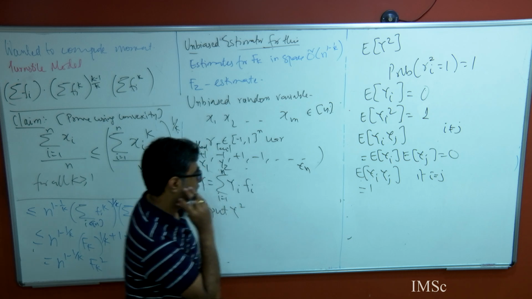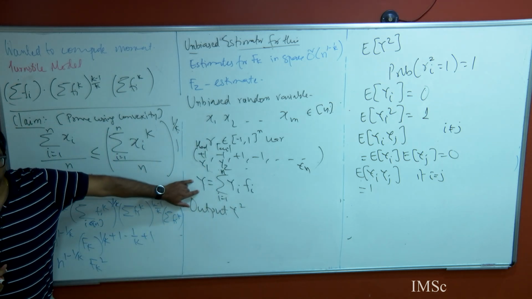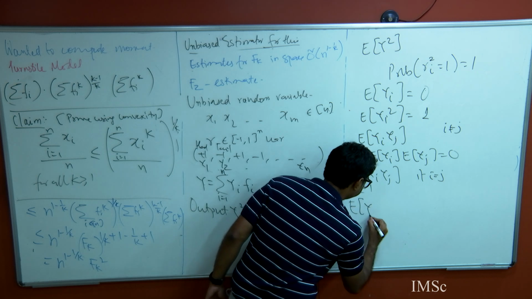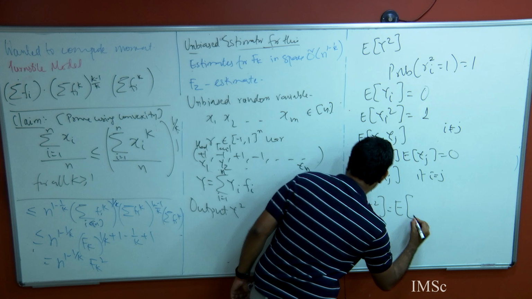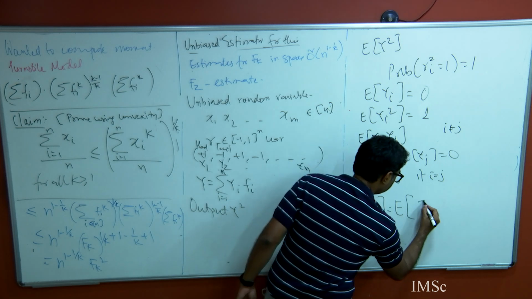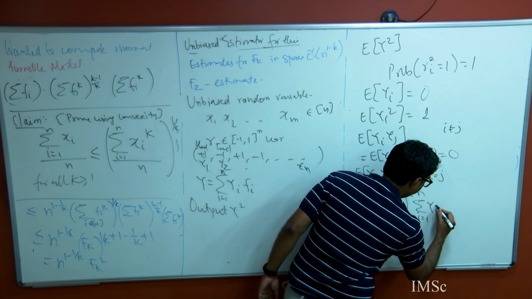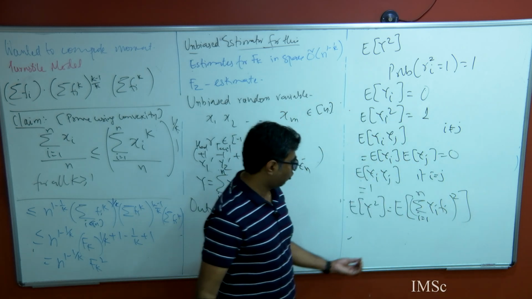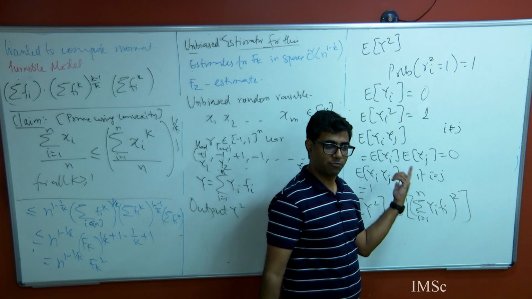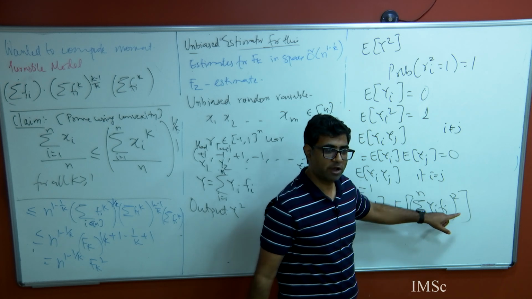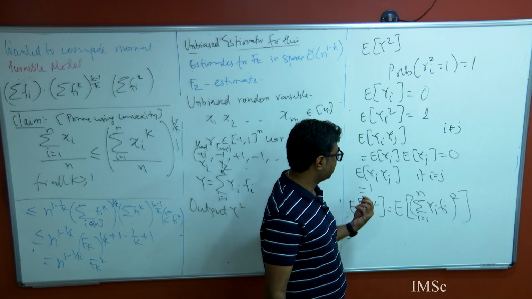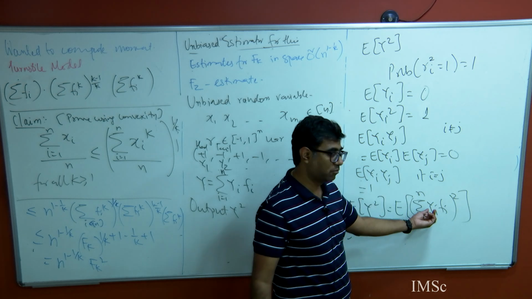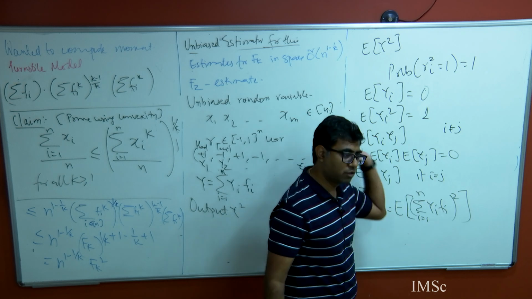Very good. And what is the expectation of Yi Yj if i equals j? Very good. So now we are interested in computing the expectation of Y squared, which is the expectation of the sum over i from 1 to n of Yi fi, whole squared. By linearity of expectation, if I write down the square and expand, any term which has Yi Yj where i is not equal to j is going to cancel out, because the fi are constants.